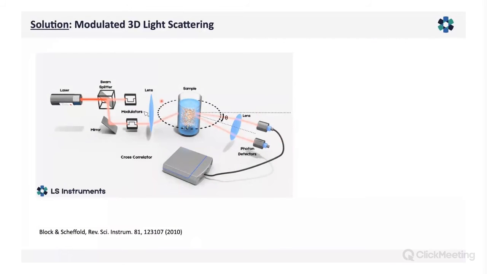To this end, we introduced modulated 3D light scattering in 2010, published in the paper below. Now, instead of having the two laser beams continuously illuminating the sample and the two detectors on, we time-gate the experiment. At any given time, there's only one laser beam on and one detector receiving.